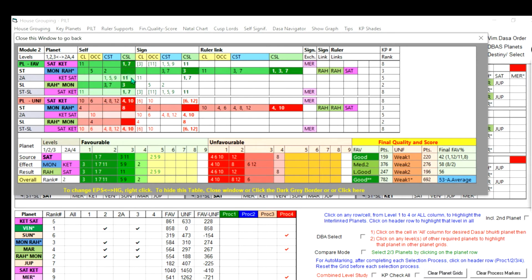But in the house grouping table, you can easily identify the favorable house grouping chain from planet star level to sub level with their ruler link, and the last level with the role of the cuspal sublord, and house grouping 2, 7, 11, all grouping up to the last level. Similarly, on the unfavorable side also we can identify.